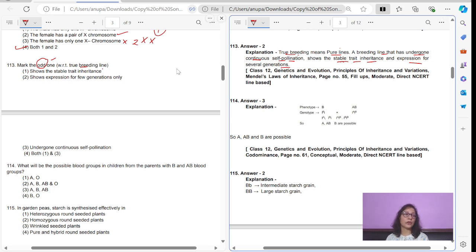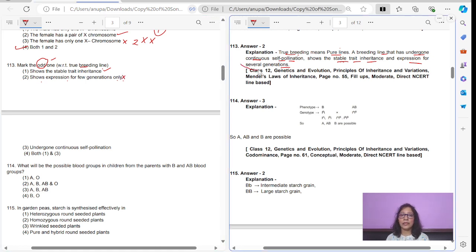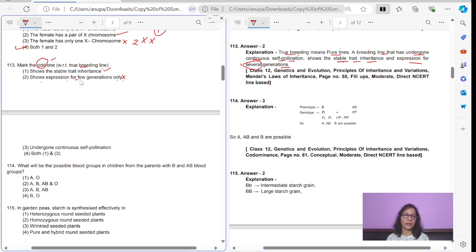Now let's read the options. The first option is shows the stable trait inheritance. This is right. A true breeding line or pure line shows stable trait inheritance. The next is shows expression for few generations only. This is wrong because it shows expression for several generations, not for few generations.